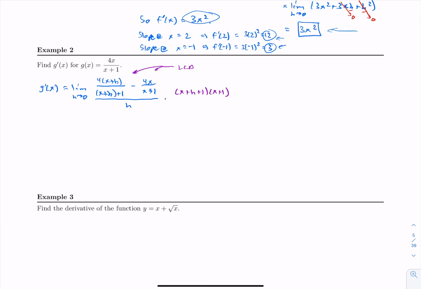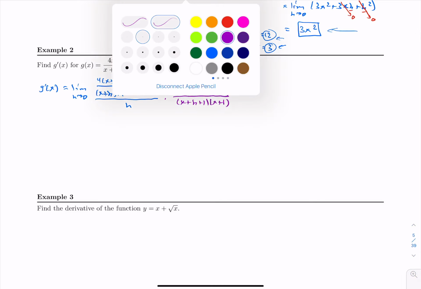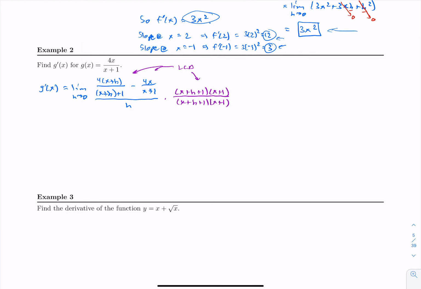And if I distributed that on top, fractions would go away. Well, we can't just multiply by whatever we want unless it's equal to 1. So the approach here is to multiply top and bottom by the least common denominator. And you have to remember we're going to distribute.